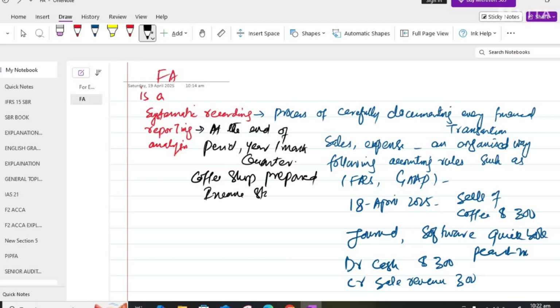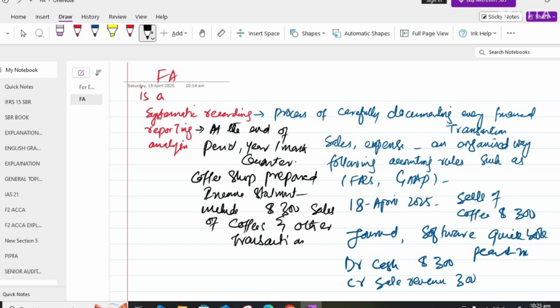That income statement will include $300 of coffee sales, and there may be some other transactions.